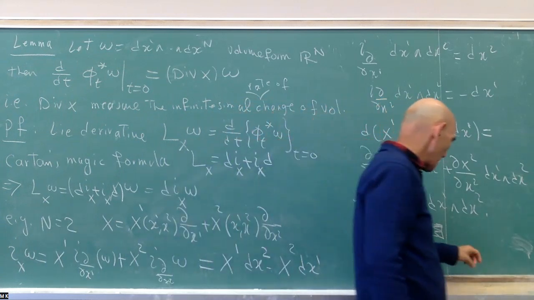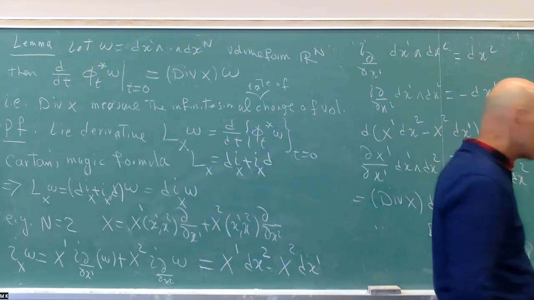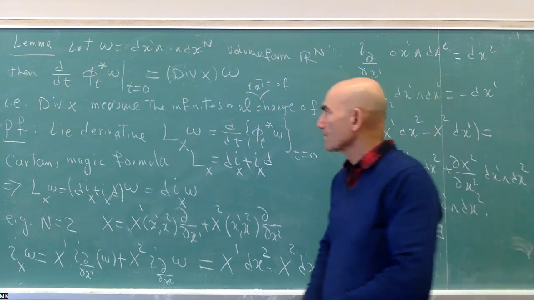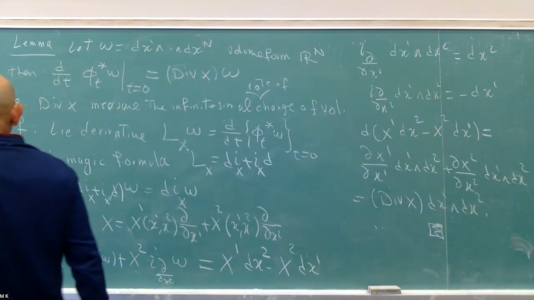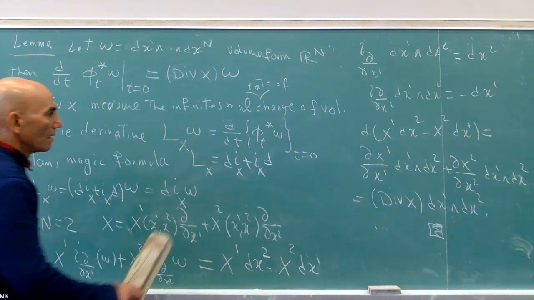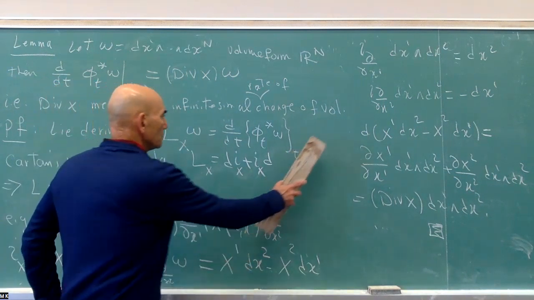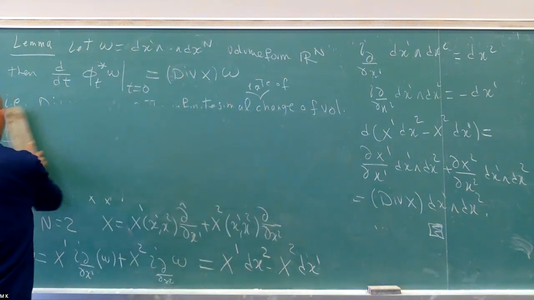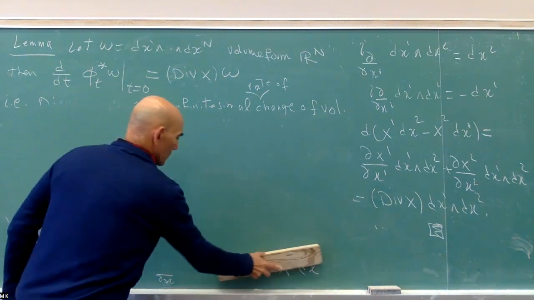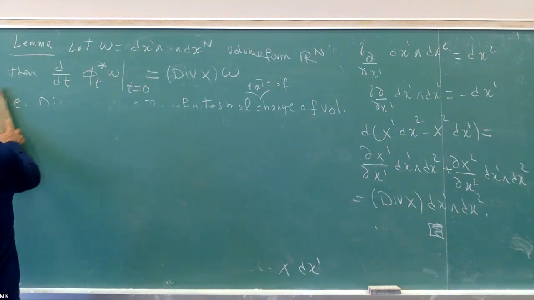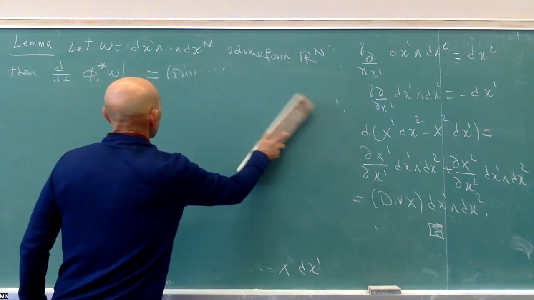And now let's go back to Hamiltonian things. So there is a vector field, right? In that case.